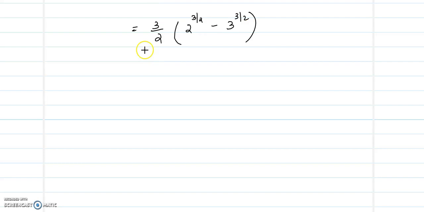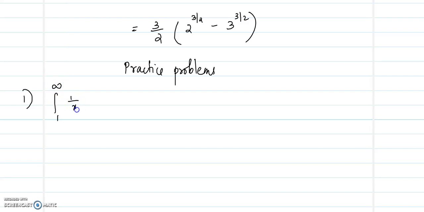And next we will look at the practice problems. The first question is we need to evaluate the integral from 1 to infinity of 1 by x dx. So integral of 1 by x will be log x. Applying the limit from 1 to infinity, we will be getting log infinity minus log 1.